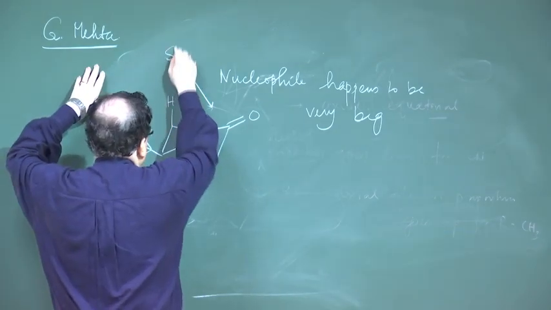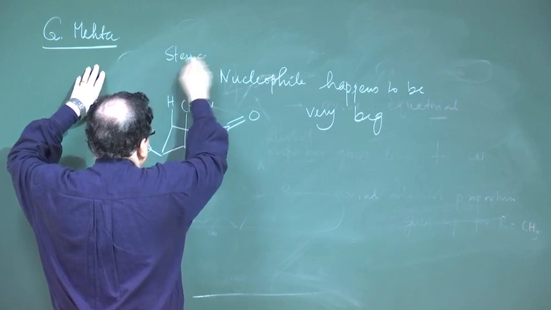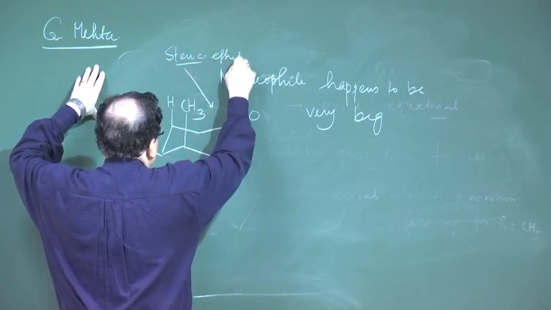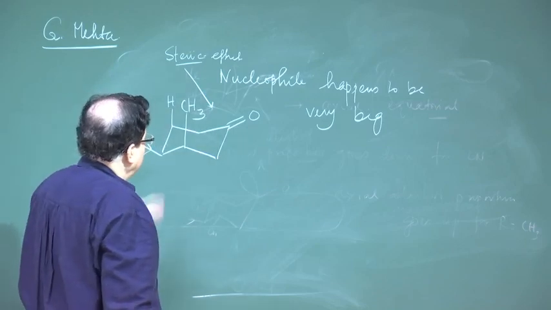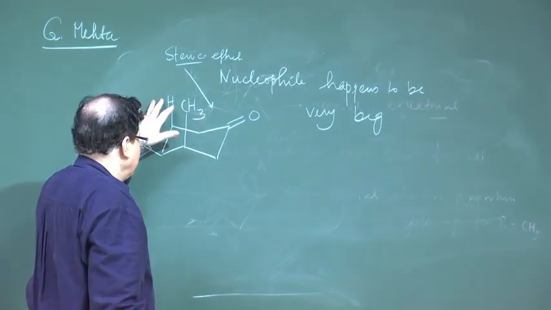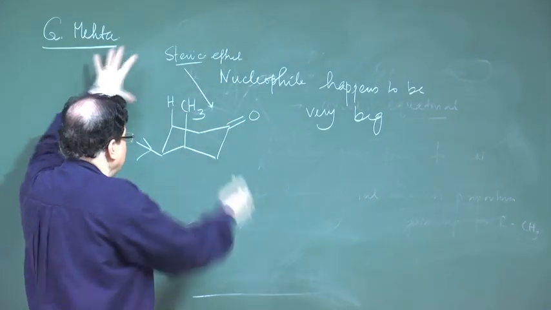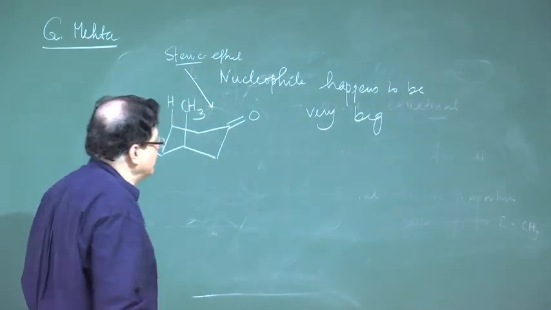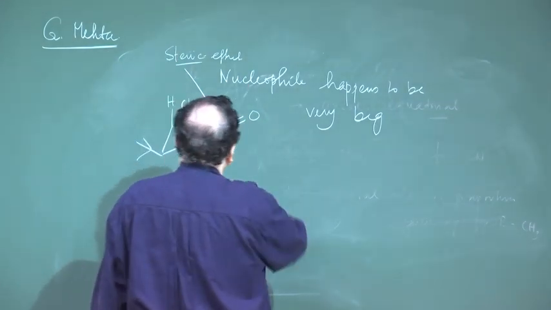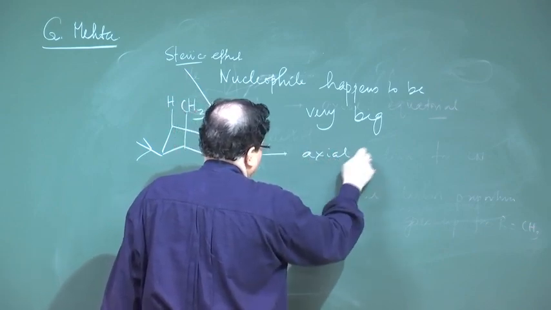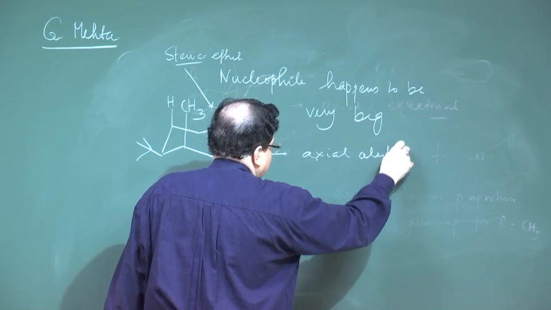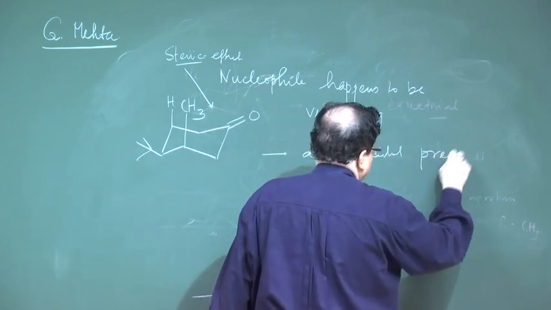The steric effect now takes control. The steric effect of the approach is too much because of the methyl and the hydrogen, and the nucleophile is also very big. So, in those cases, it is always the axial alcohol that predominates. So, keep that in mind.